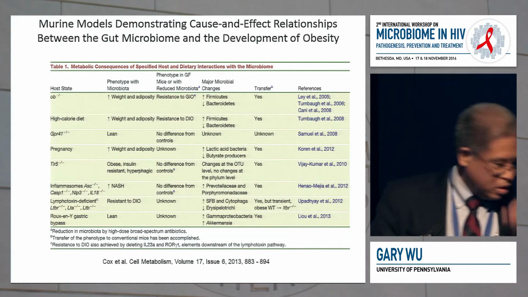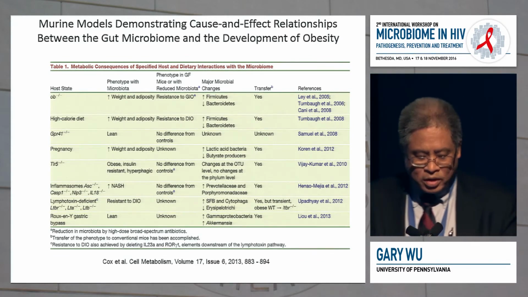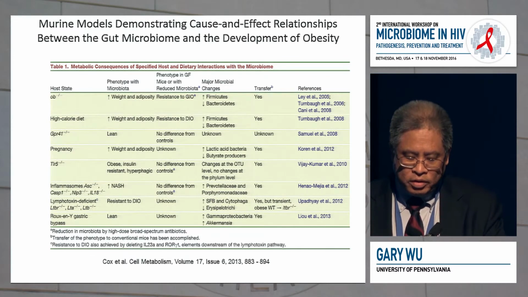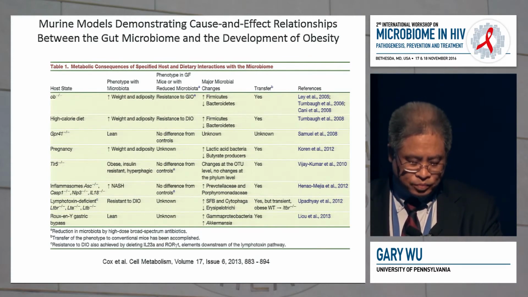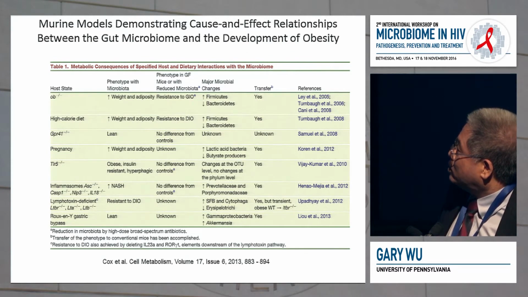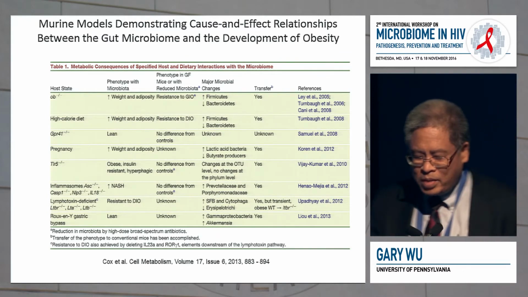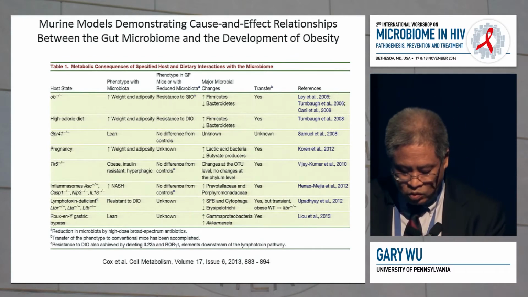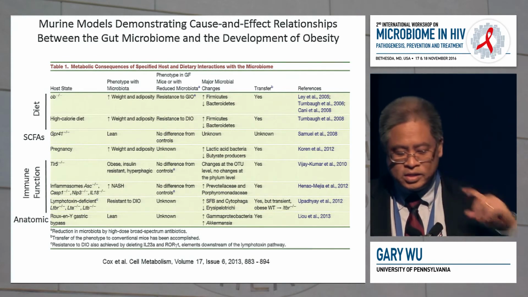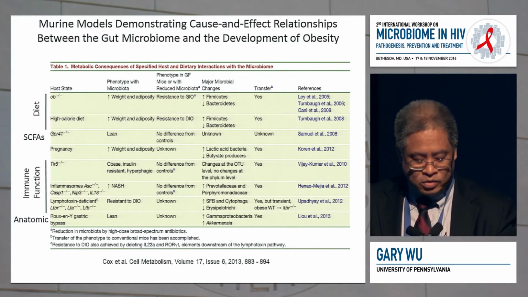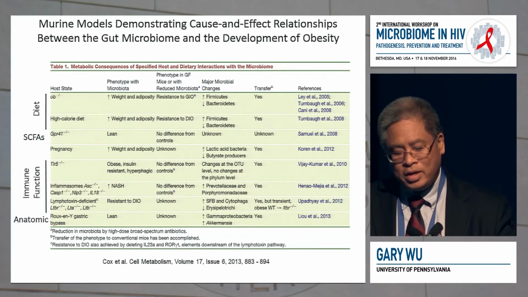So when we think about the animal models that we have for obesity and metabolic syndrome associated with the gut microbiota, there are a number of different types of animal models, and they have different types of phenotypes, and you see different types of associations. I'm not really going to get into any one of these in particular. I just want to give you an overview, and one way of looking at this is that there are some animal models of metabolic syndrome and diet-induced obesity through the microbiota that are diet-dependent.